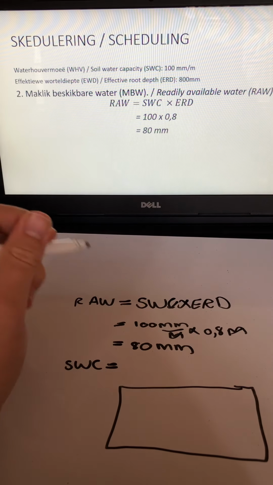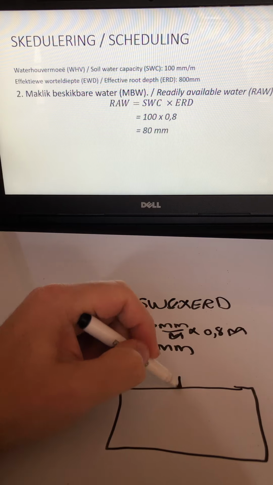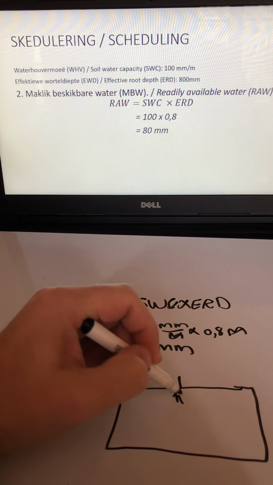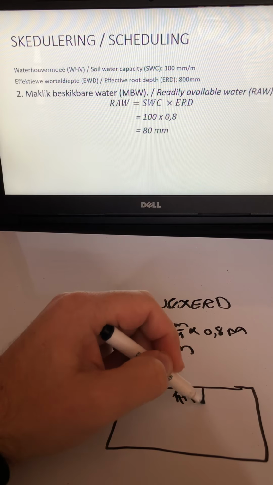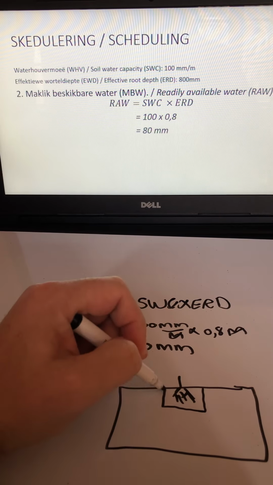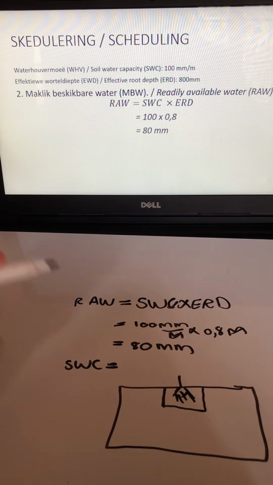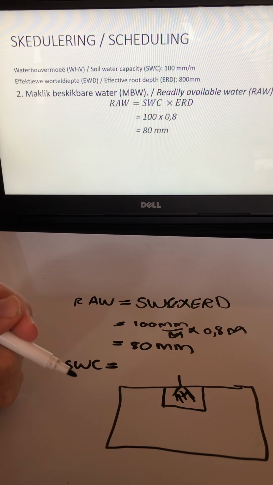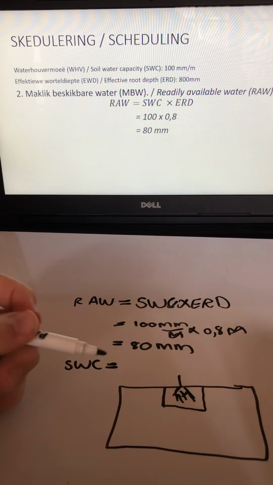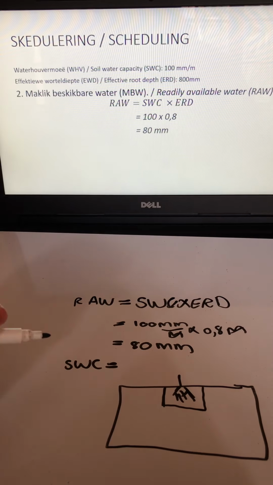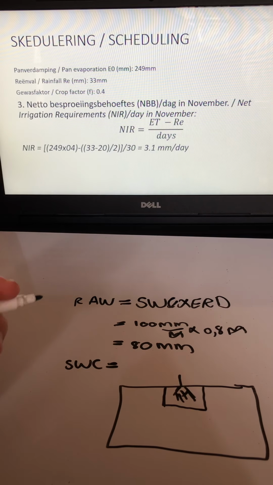And then the readily available water, very simply put, is if you've got a plant with a root system like this, then if the soil water capacity is the amount of water for a whole chunk of soil, the readily available water is only inside that rooting zone area. That's just a very simple way of explaining it.